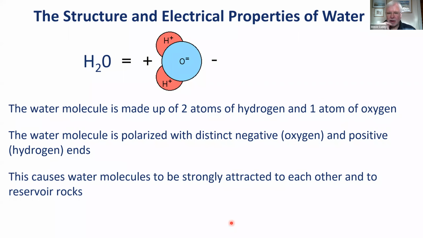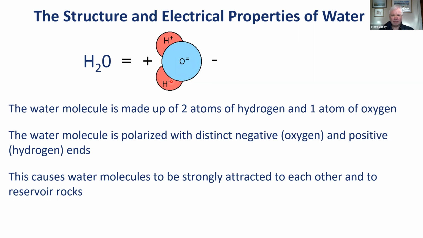Now let me tell you about water. Water is very important in understanding SW equations. Now, as you know, H2O consists of two atoms of hydrogen and an atom of oxygen. But you may not realize they're in this boomerang pattern here.